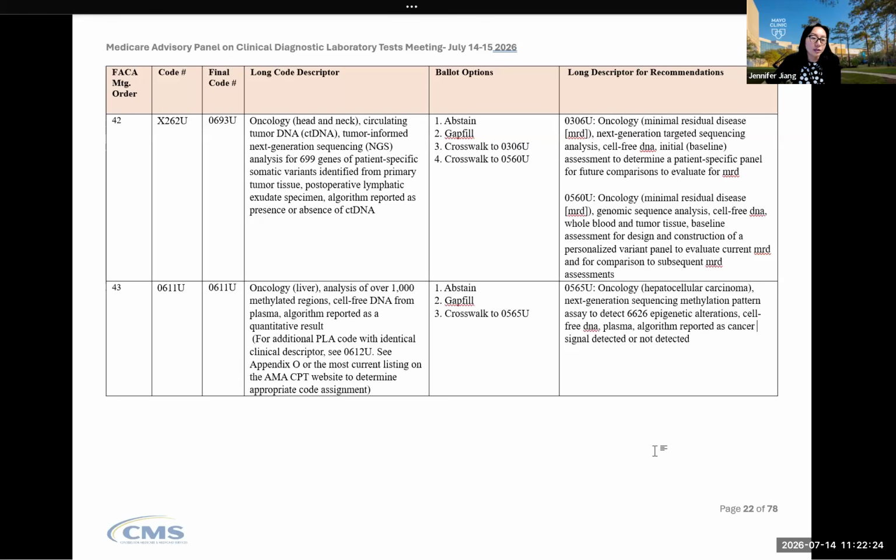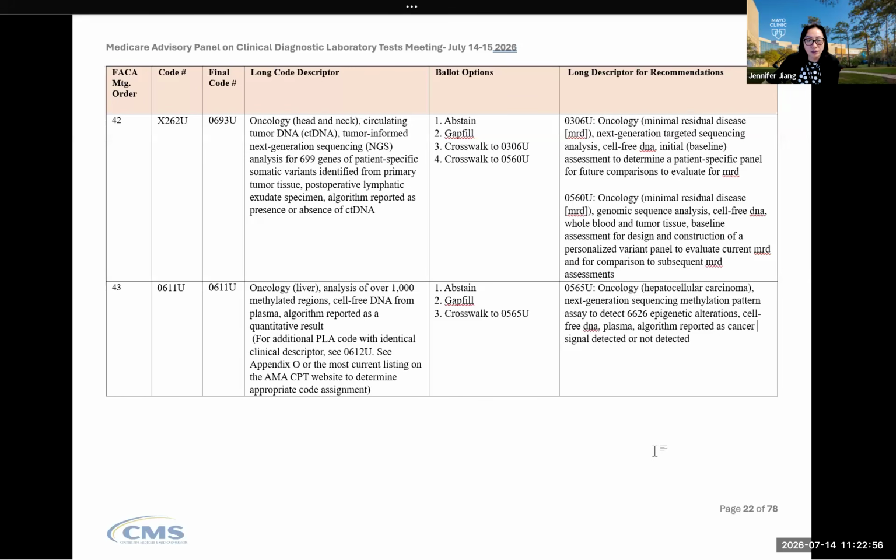My code 0611U. This is oncology for the liver with analysis of over 1,000 methylation regions and use of a specimen of cell-free DNA. There's no presentation for this case. Our subcommittee had extensive discussion on this code, and we do believe crosswalk to 0565U is the most appropriate because it's similar methodology, similar specimen, as well as for the same organ disease.